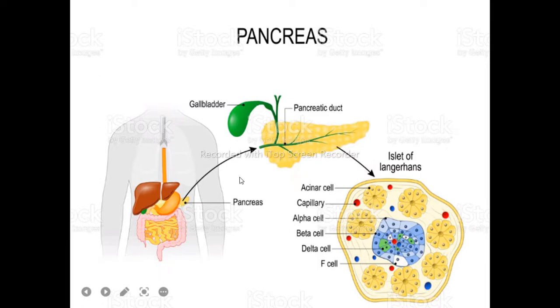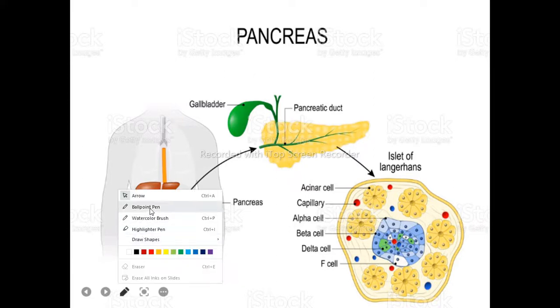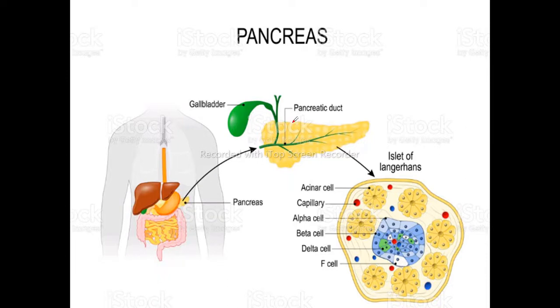The pancreas is both an exocrine organ as well as an endocrine organ. It is called an exocrine organ because it produces pancreatic enzymes that are released in the ducts. So it contains some ducts.